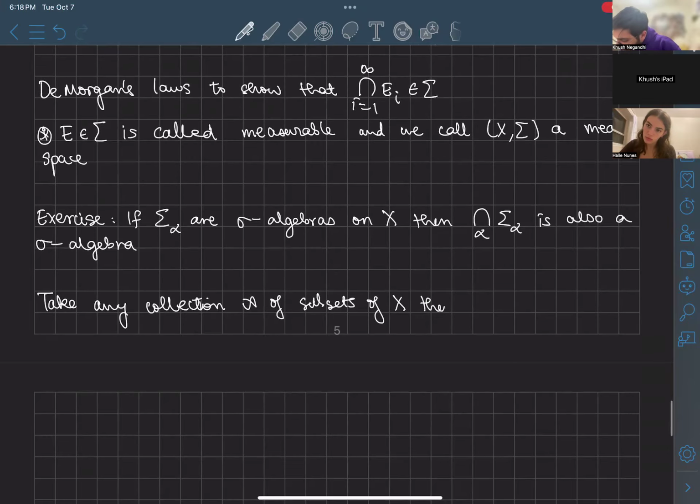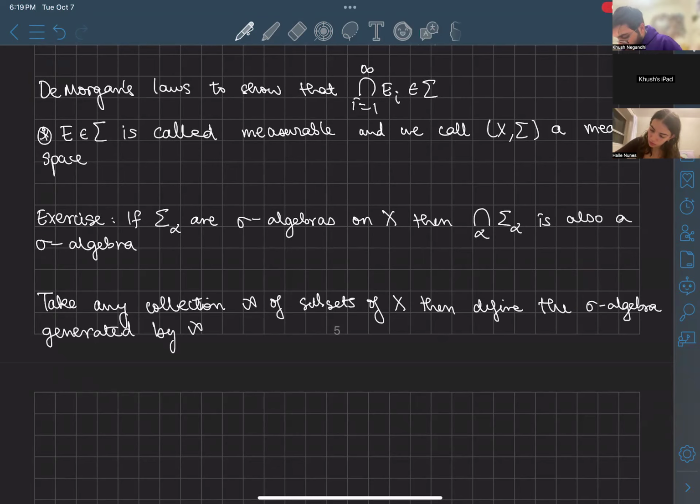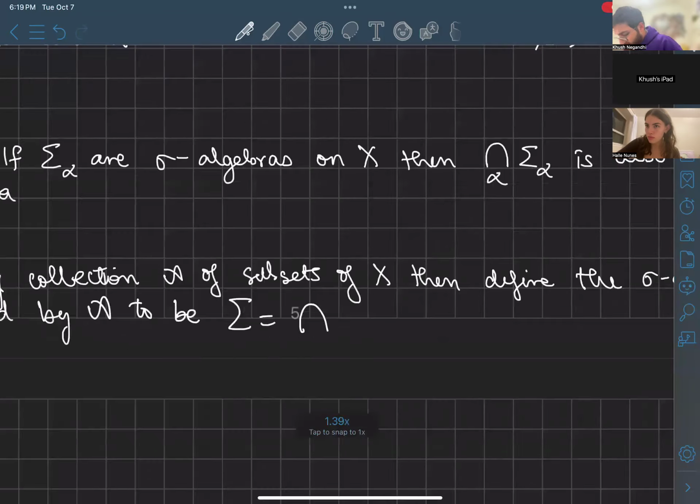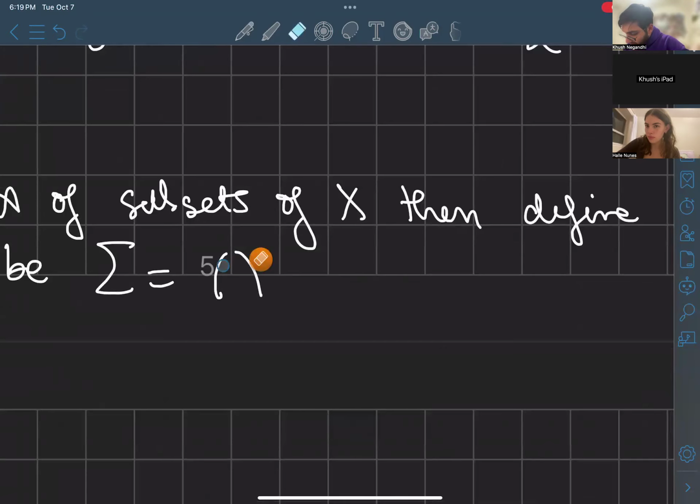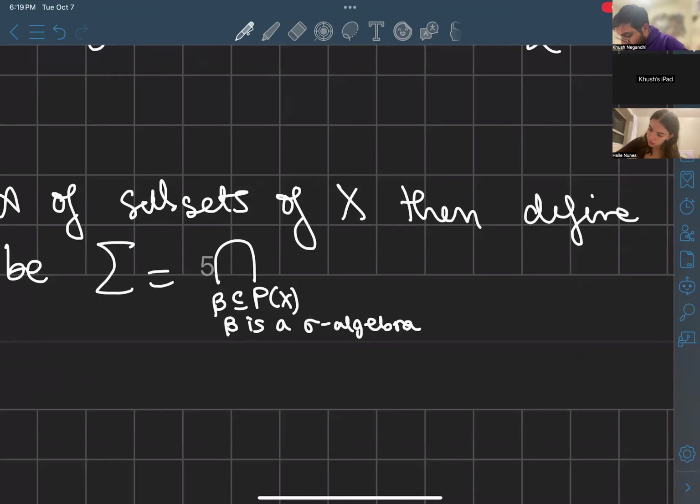Then define the sigma algebra generated by A to be sigma equals the intersection over, let's call it beta, which are subsets of the power set, and beta is a sigma algebra and A is a subset of beta.